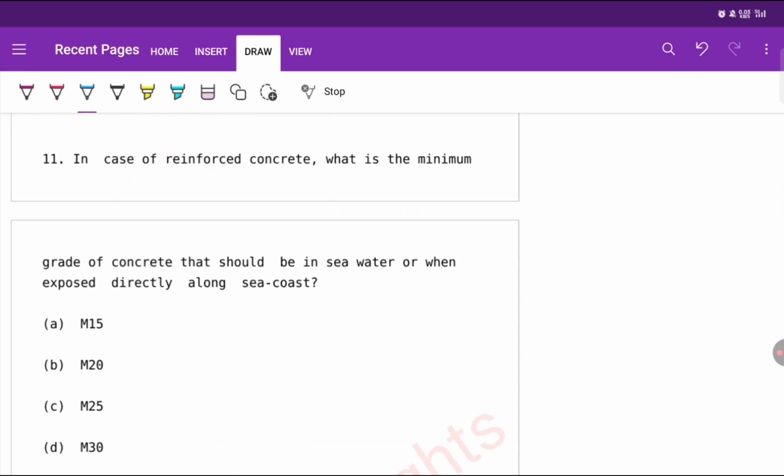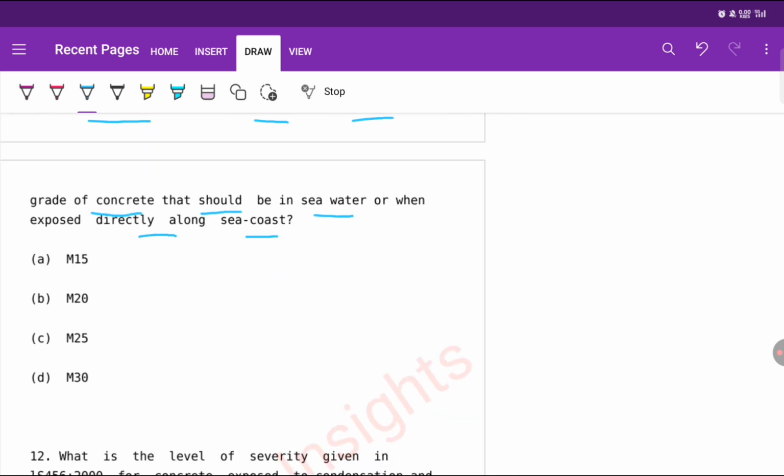Question number 11, in case of reinforced concrete, what is the minimum grade of concrete that should be used in sea water or when exposed directly along sea coast? So when our structure is exposed to sea water or along sea coast, what will be the minimum grade of concrete that can be used? This will be under what exposure condition?